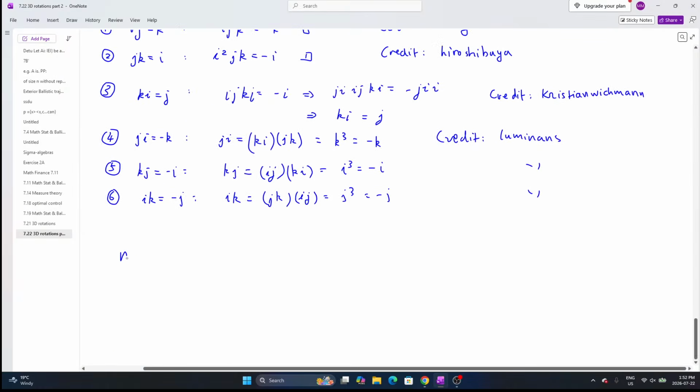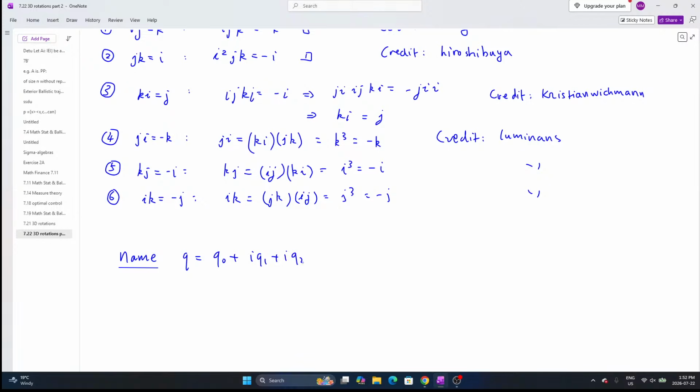Just like in a complex number, you have real and imaginary parts. We write q equals q0 plus i q1 plus j q2 plus k q3. So q0 is called the scalar part of the quaternion, and the rest is called the vector part.